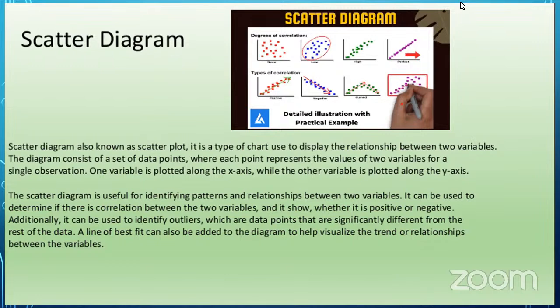So they are not very much related with each other. But here you can find out the values are scattered, but they are forming one distribution. So this is the positive distribution. So you can think about the positive correlation. This is the negative correlation. Okay.